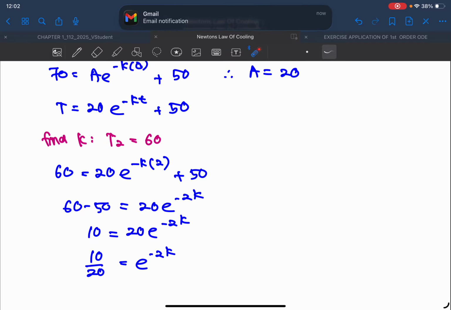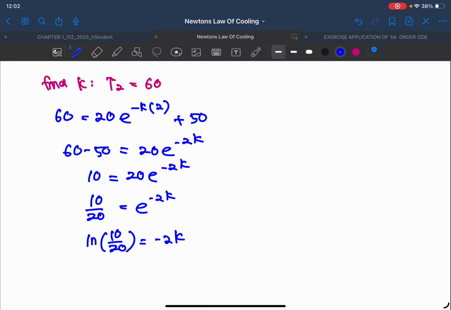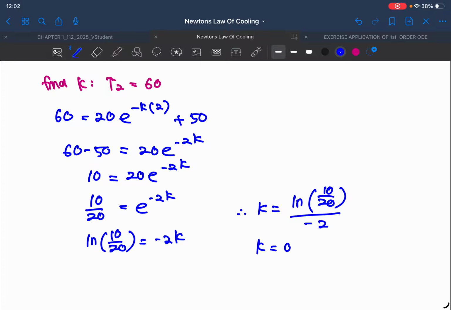Now we need to apply ln for both sides: ln(10/20) is equal to -2k. So therefore our k is equal to ln(10/20) divided by -2. So therefore our k is equal to 0.3466. For this one we take 4 decimal places.